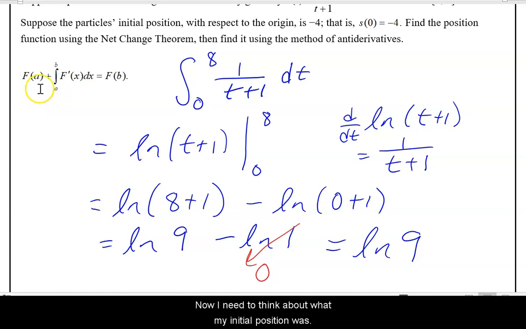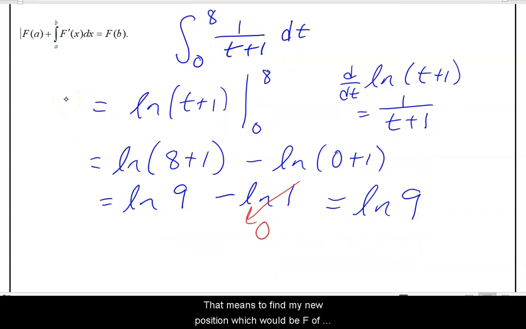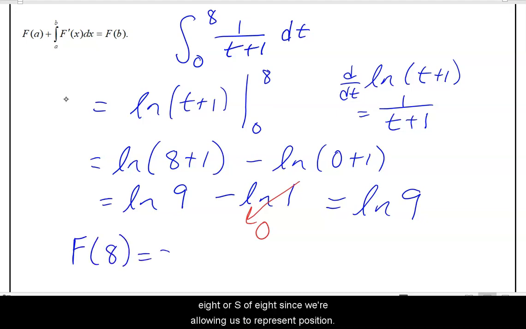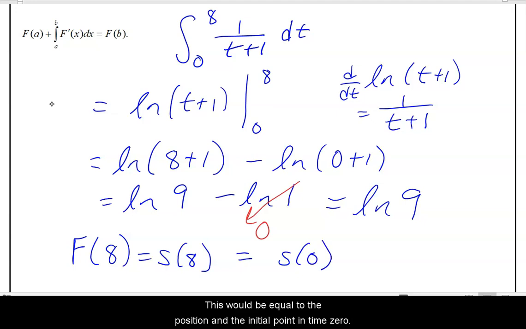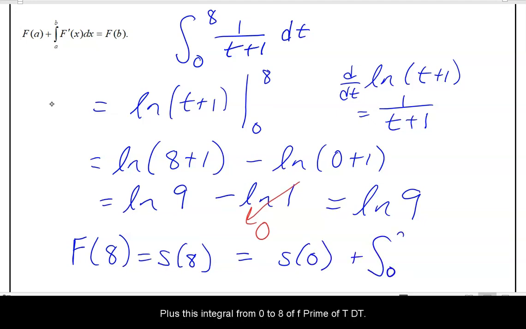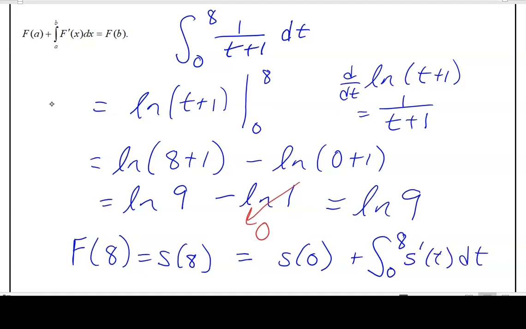Now I need to think about what my initial position was. Initially, I was at location -4. That means to find my new position, which would be f of 8 or s of 8, since we're allowing s to represent position, this would be equal to the position at the initial point in time, 0, plus this integral from 0 to 8 of s prime of t dt.